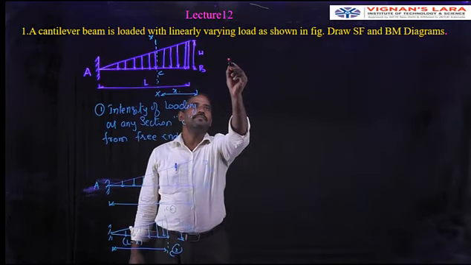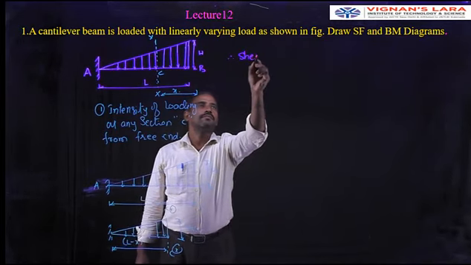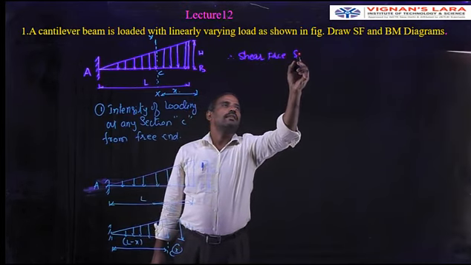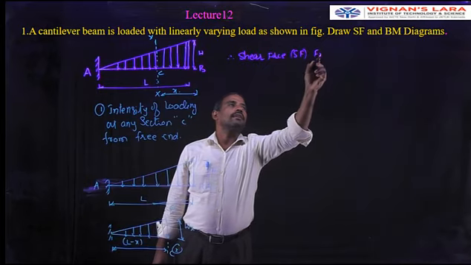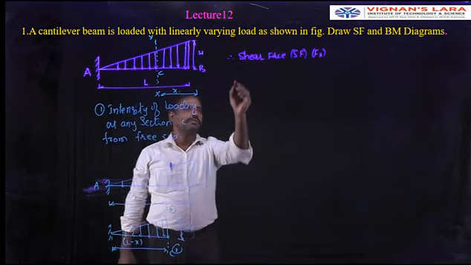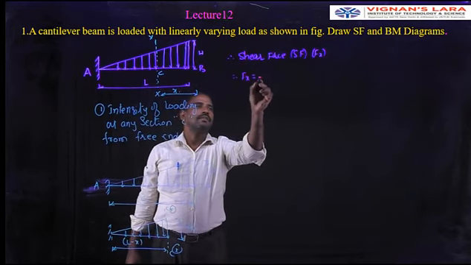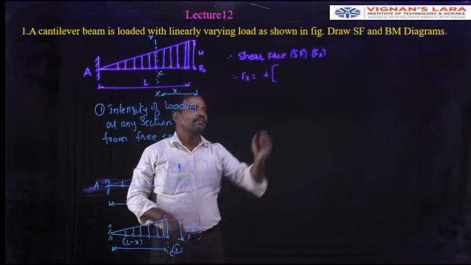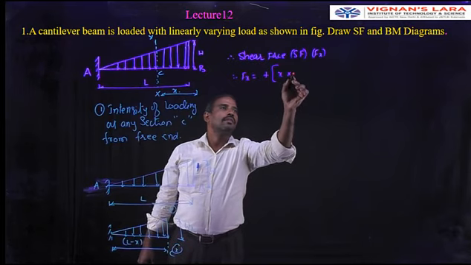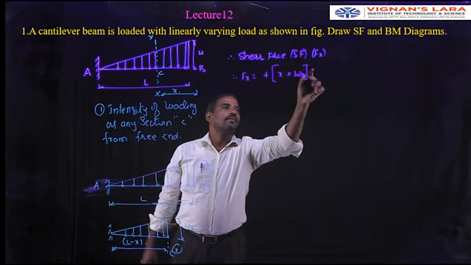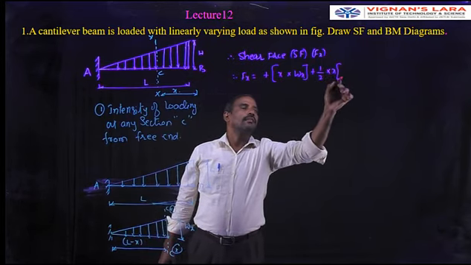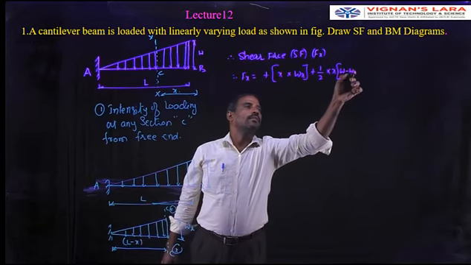Therefore, the shear force, represented as SF, mathematically is Fx. The right to the section downward is taken as positive. Fx is equal to the area of the rectangle, x into the height Wx, plus half into base into the height, capital W minus Wx.